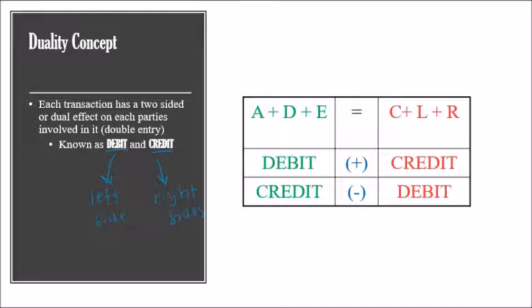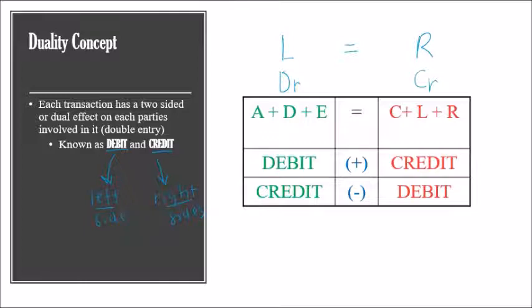So just remember, when it's debit, it's left. When you think of credit, it's the right side. Just like before, you can already see the left side and the right side here, and we have a middle ground which is the equal sign. So this is the debit and this is the credit.